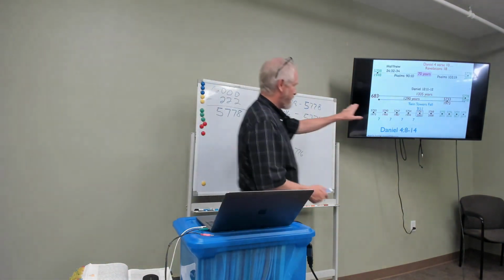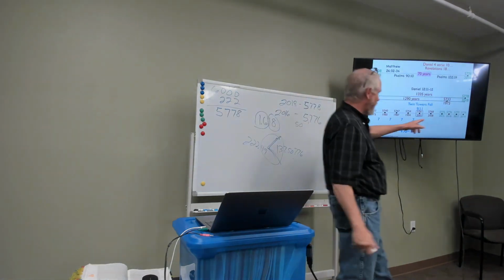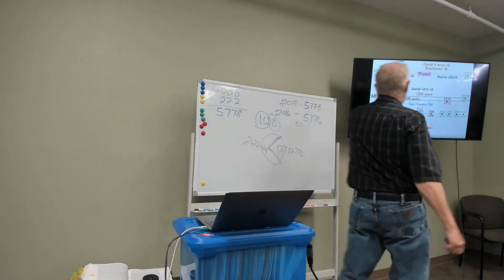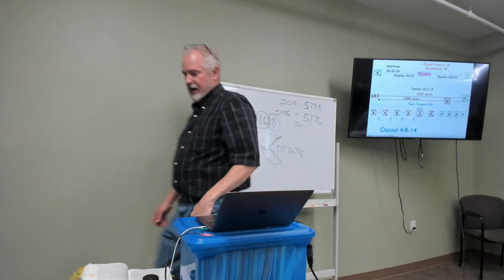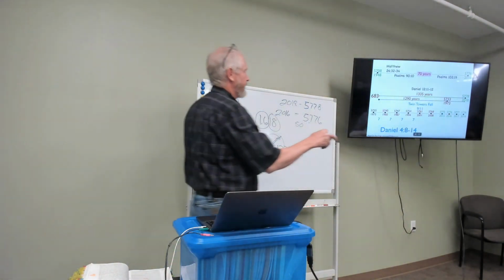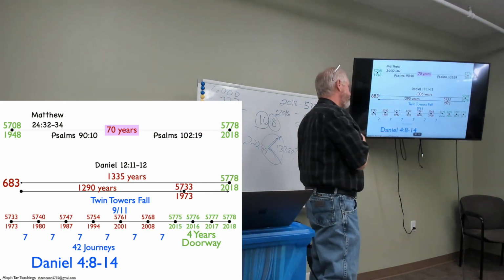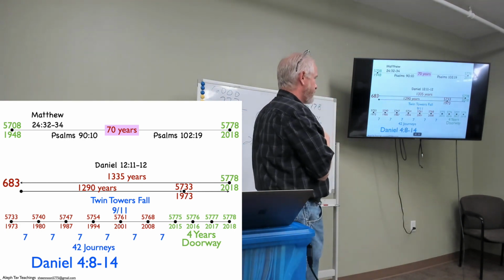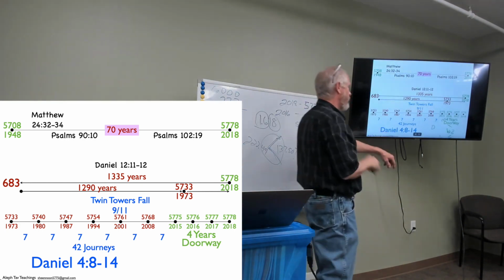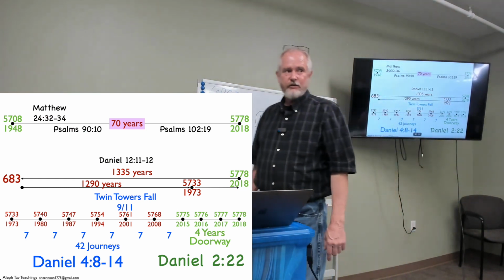So, the point I'm trying to make is 5778 is where we started, and he's going to take us back to Daniel. Because I've seen this, there's a 4-year doorway, but he's going to take us back to Daniel 2:22.